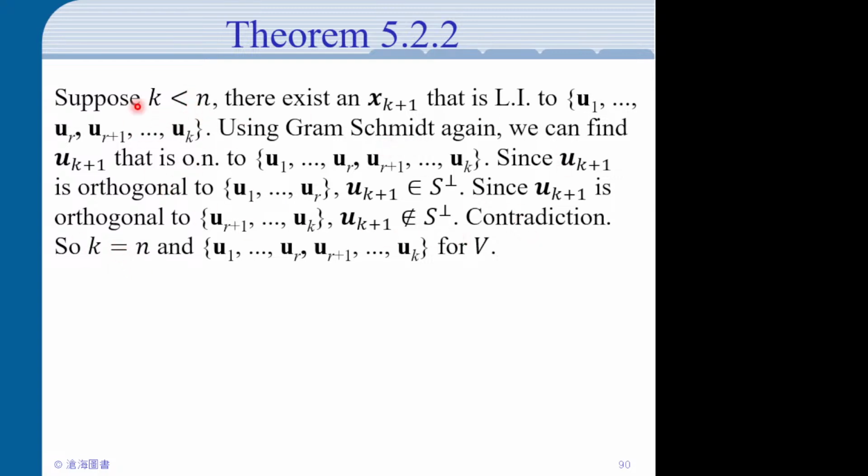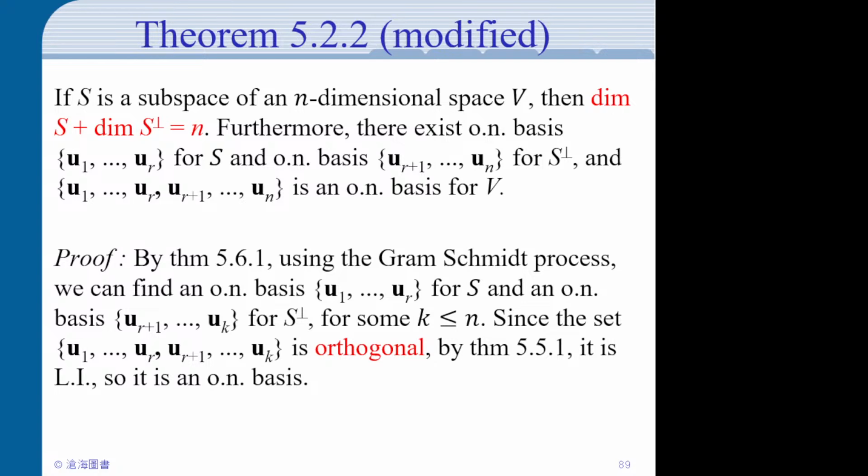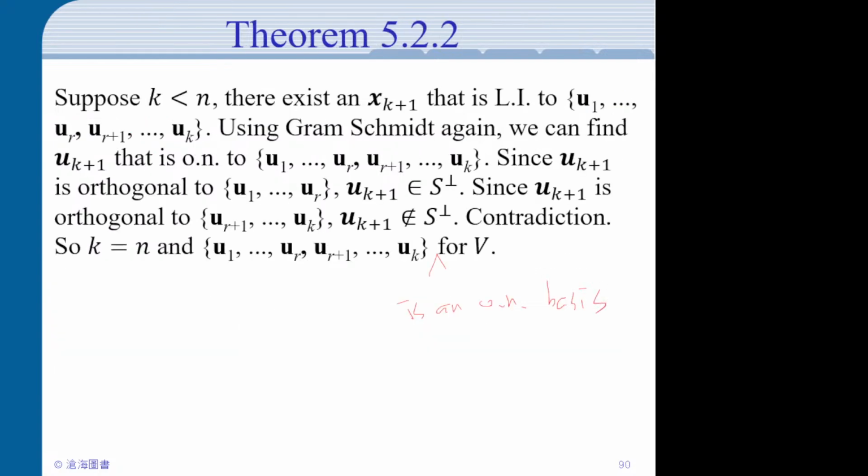That means the only thing possible is that k is already equal to n, and this u_1 to u_r, u_{r+1} to u_k, where k is actually n, is an orthogonal basis for V. This is, I think, the most straightforward way to prove theorem 5.2.2.